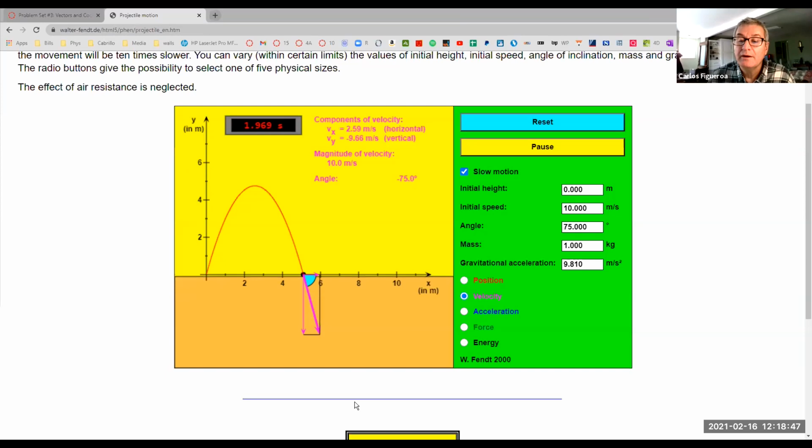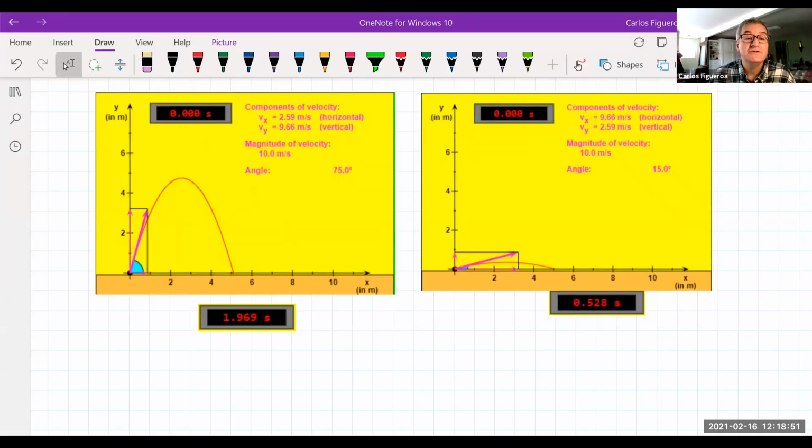So here is my OneNote right here. The first thing that I want you to pay attention to is that I took images while this was going on. Look at the velocity components here.